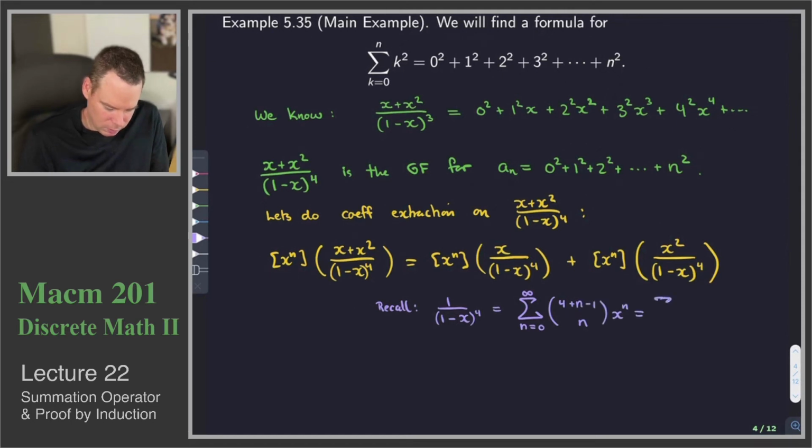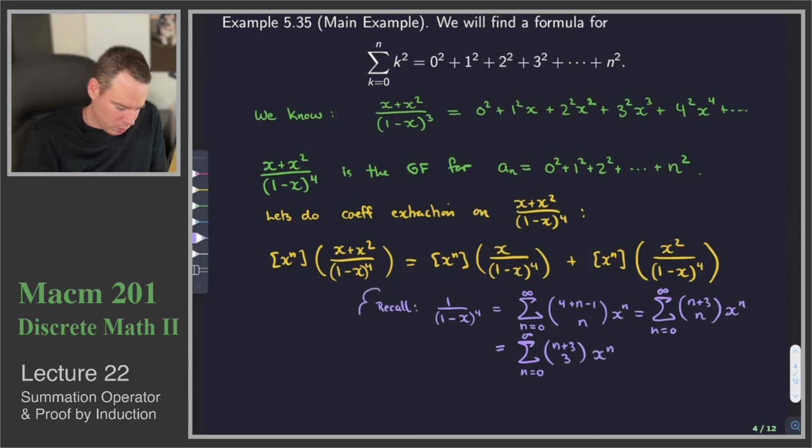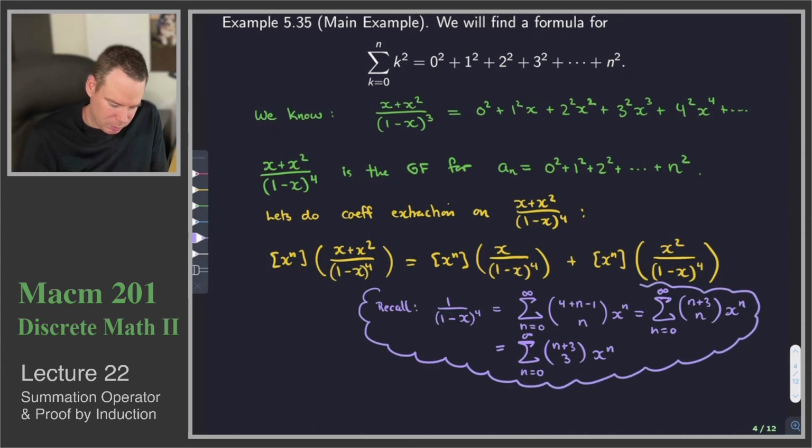So this is the sum from n equals 0 to infinity of n plus 3 choose n, x to the n, or we could write it as the sum from n equals 0 to infinity of n plus 3 choose 3, x to the n. So we're going to recall this because this is our extremely important series expansion of our rational function 1 over 1 minus x to the 4th.